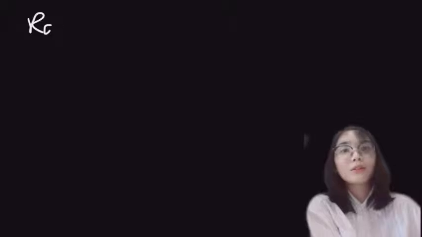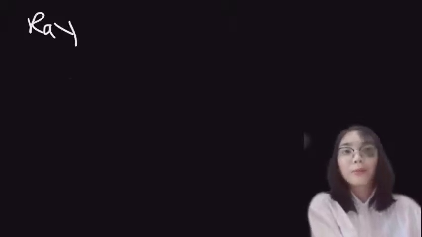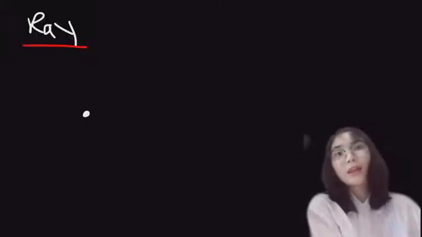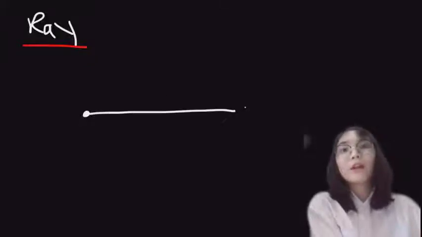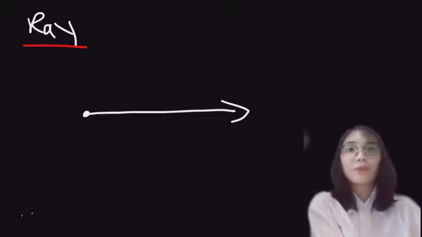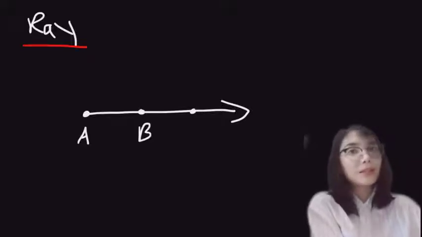Now, how about a ray? How would you describe a ray? A ray has a point and it extends forever in the other direction, so it has an endpoint and an arrow. Let's put some other points on this ray. Let's call this ray BC.